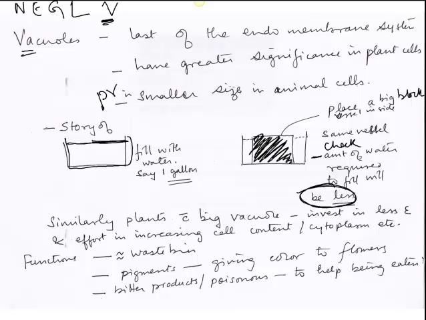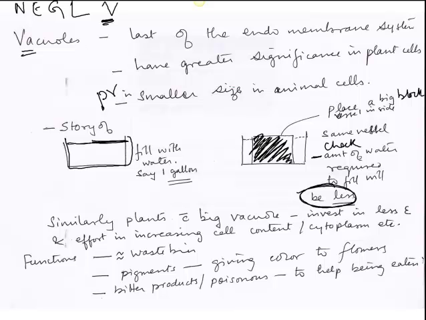Instead, all it can do is continue with its metabolic activities, and the vacuole size does not impose upon it to create more cytoplasm. So that is one very important thing, an energy-saving situation.